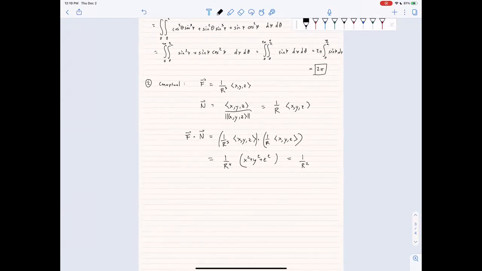And now what are we actually computing? Back when we defined the vector surface integral, before we went to that computational equation, we defined this as the scalar integral over h of f dot n ds. But we just found what f dot n is. It's 1 over r squared.